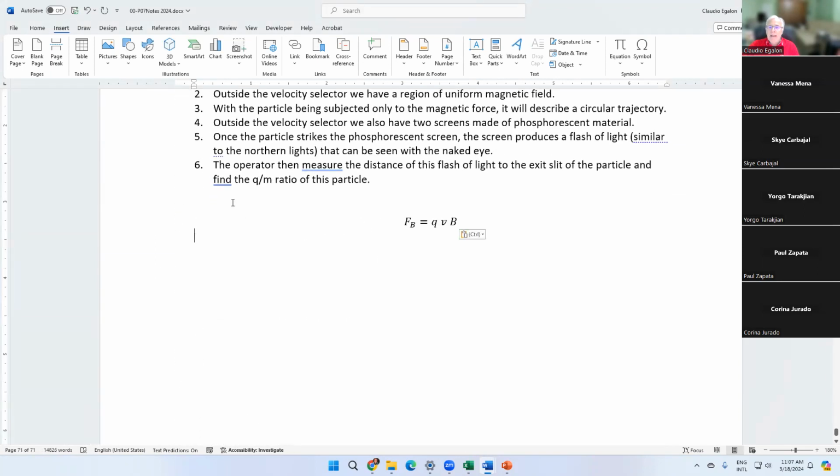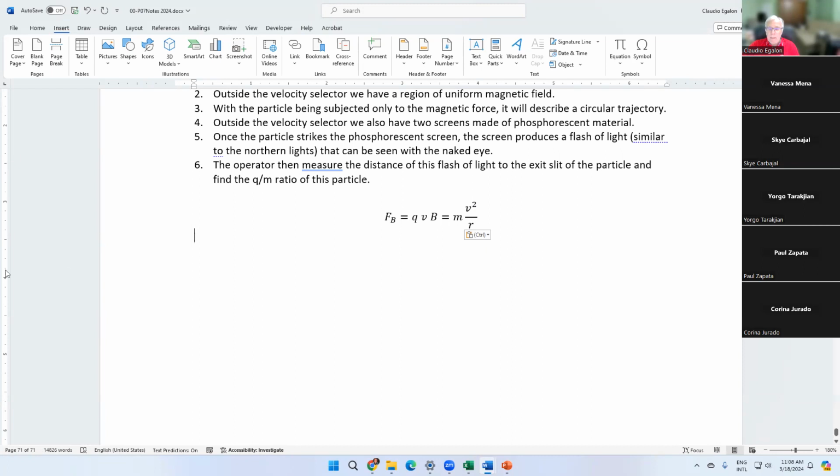We do know that the magnetic force is like a centripetal force. Don't forget the particle is undergoing uniform circular motion, and the centripetal force is given by mv squared over r, just like we studied in Physics 6.